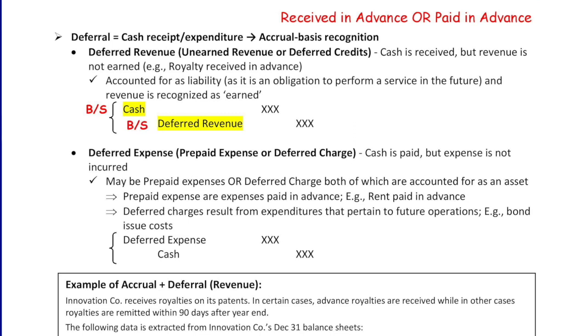Now when we're looking at deferred expenses, the cash is paid in advance, but the expense is not yet incurred. So the journal entry here is deferred expense debit, highlight that, and credit is to cash because cash is going out. Deferred expense, that goes into your balance sheet, right? B/S. Cash, that's also a balance sheet account, B/S.